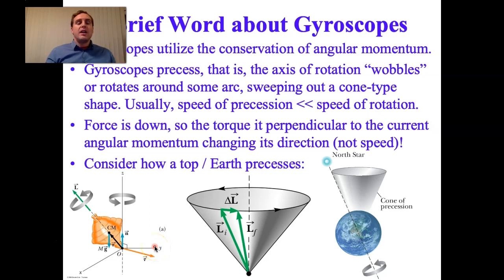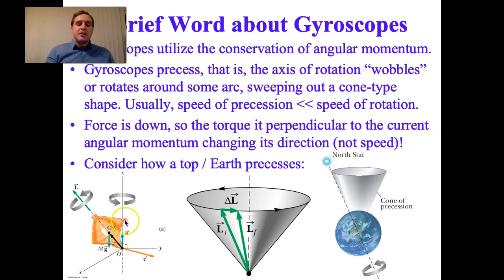Notice the torque is perpendicular to the plane that contains the position vector, the axis of rotation, and the weight and the normal force. So what that means is this top will be spinning very fast, but its axis will very slowly precess around some other axis.